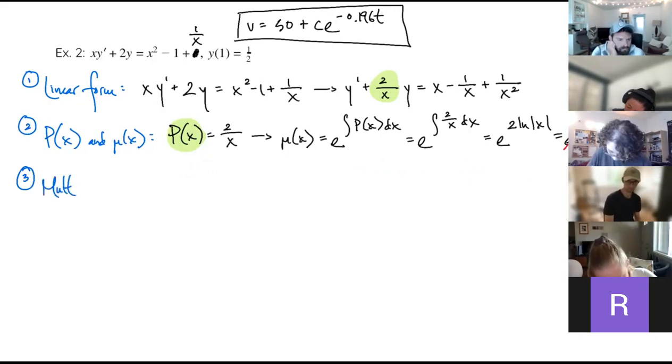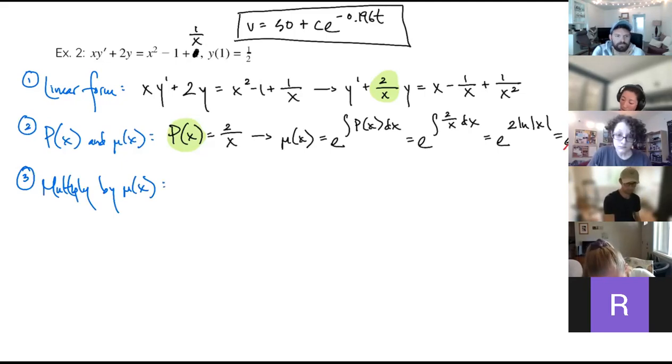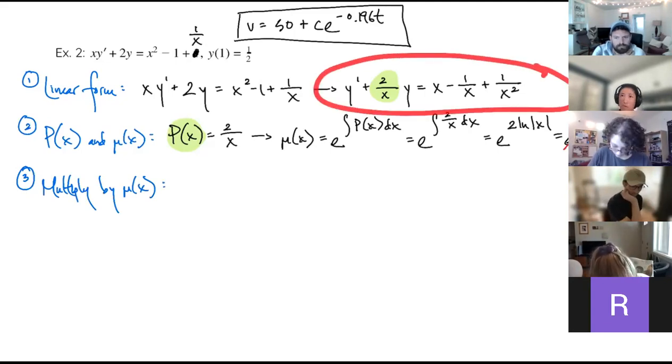All right, let's multiply our original differential equation by mu. We're going to go to the version where we divided through by that a sub 1. I'm going to take every single term and multiply it by x squared.